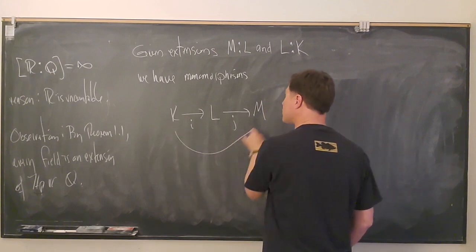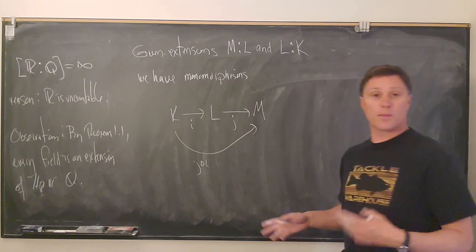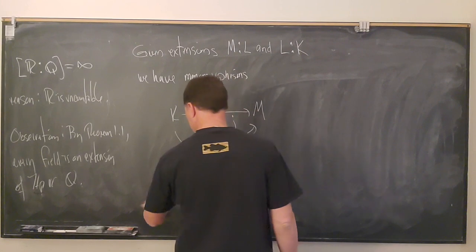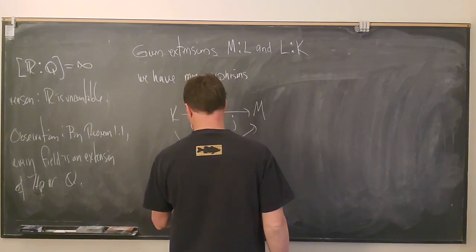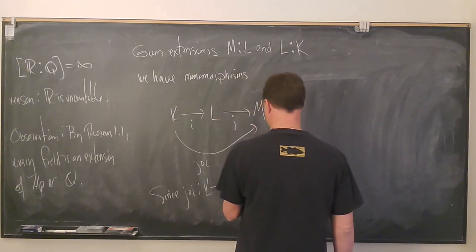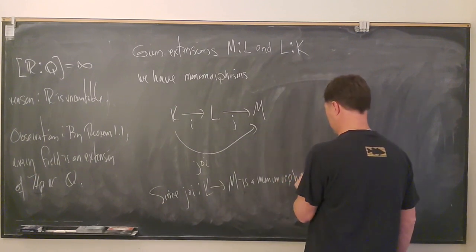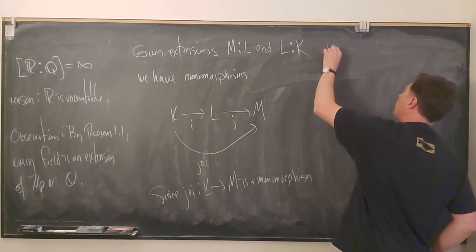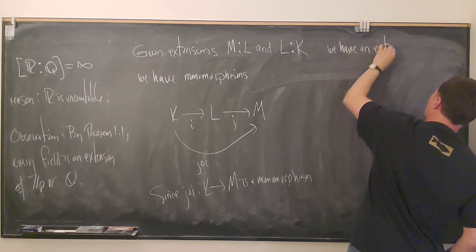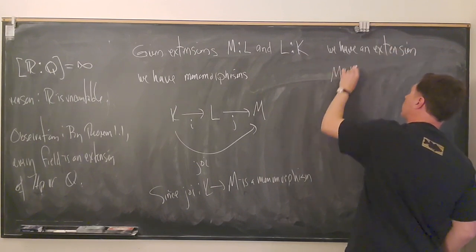We know that the composition, j of i, is a monomorphism, since a composition of monomorphisms is a monomorphism. And so since j of i from K to M is a monomorphism, we have an extension M over K.